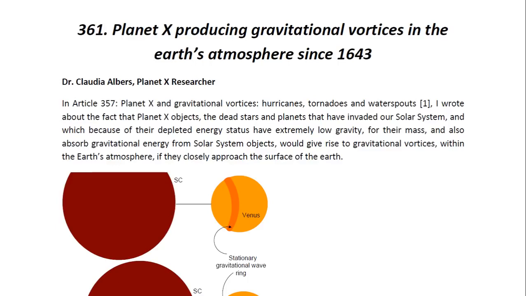Now, in Article 357 entitled Planet X and Gravitational Vortices, Hurricanes, Tornadoes, and Waterspouts, I wrote about the fact that Planet X objects, the dead stars and planets that have invaded our solar system, and which, because of their depleted energy status, have extremely low gravity for their mass, and also absorb gravitational energy from solar system objects, would give rise to gravitational vortices within the Earth's atmosphere if they closely approach the surface of the Earth.